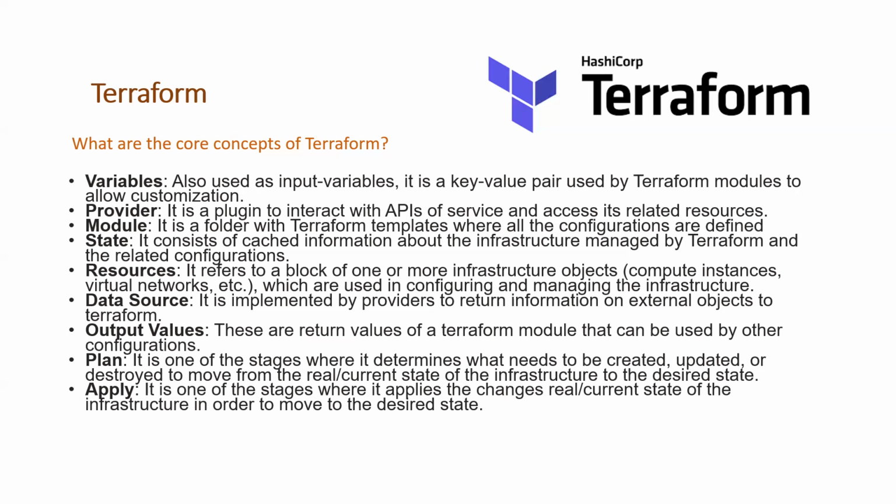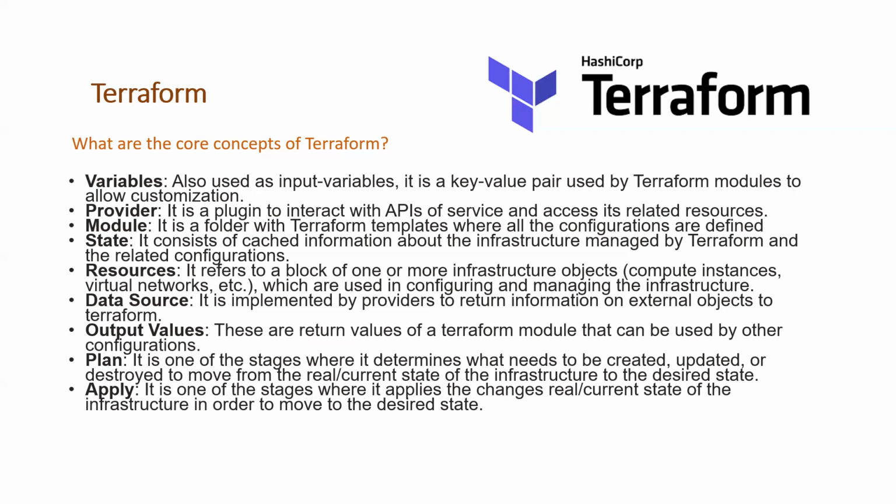Once you use the command terraform apply, it will apply that plan, there will be changes on your cloud, those 1,000 servers will be created, and that particular state will again be stored in the state file. The next time you want to make changes, right now you have created 1,000 servers, and now you want 1,500 servers.